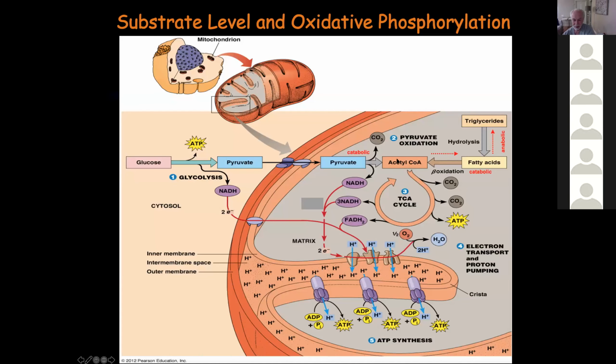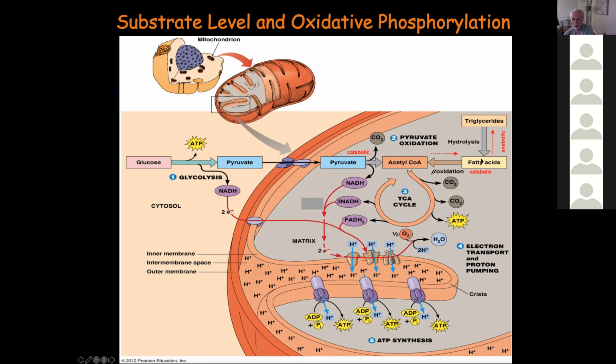So coming back to acetyl-CoA being a crossroads, we've just talked about this catabolic process where pyruvate is converted to acetyl-CoA, which starts the Krebs cycle. And that is coming from glucose. So that's a sugar, it can also come from fat. So triglycerides are fat.